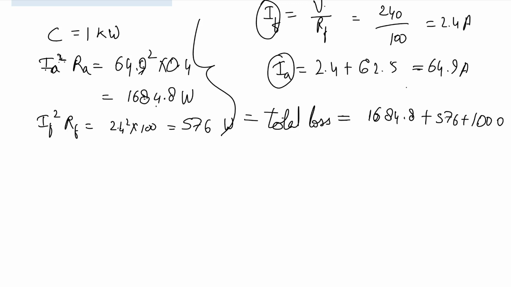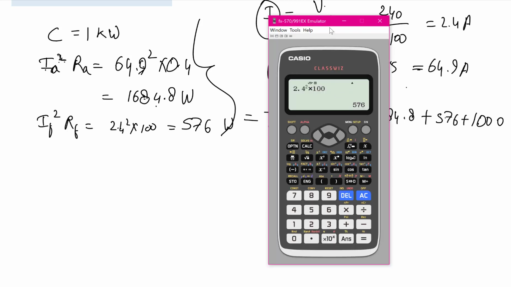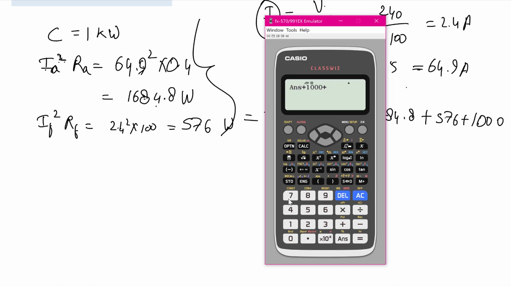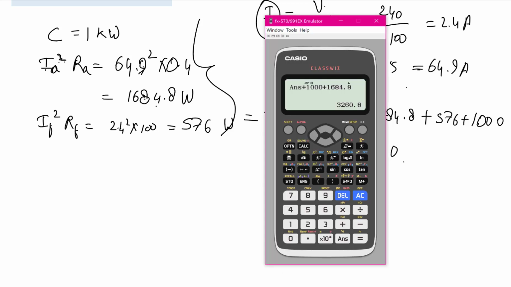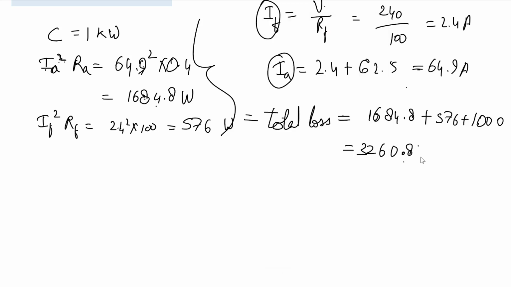So adding all, 576 I already have, plus 1000 I will add, plus this 1684.8. We got 3260.8 watt. This is the total loss.